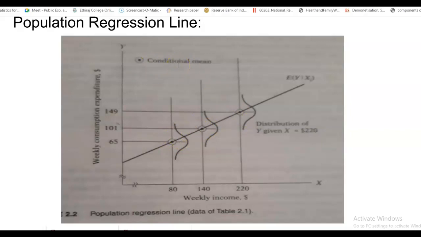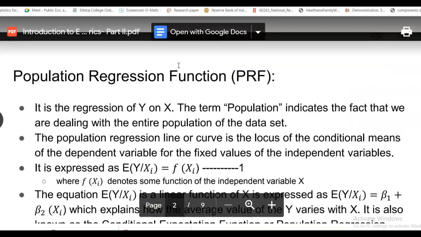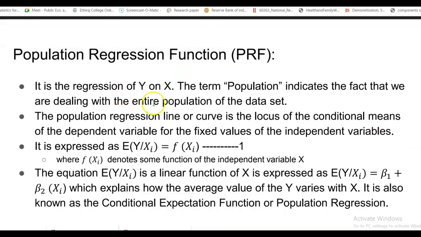Let us go back to this equation. Now you will understand this equation better. E here is the expected value of Y. What is Y? Consumption expenditure. Given Xi means given the value of income. The conditional expected value of consumption expenditure given the value of income is a function of the income.